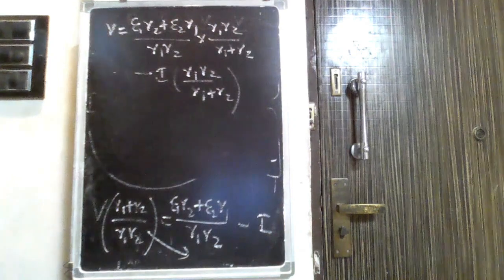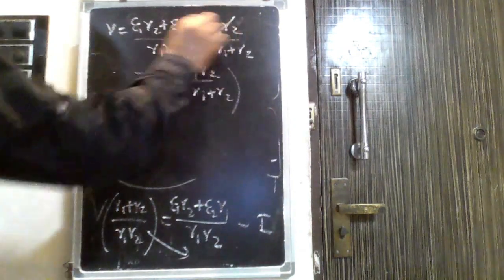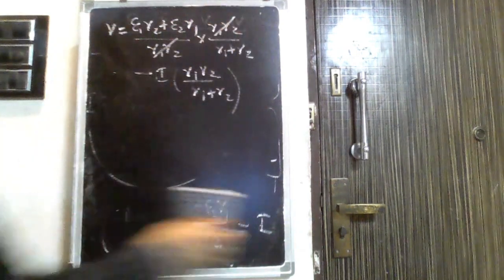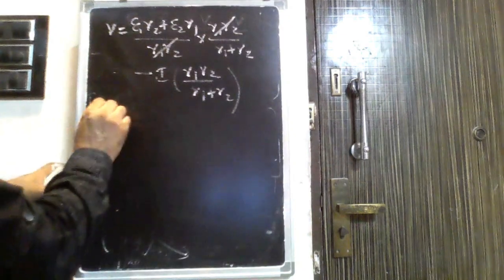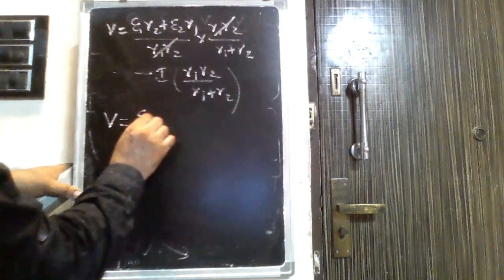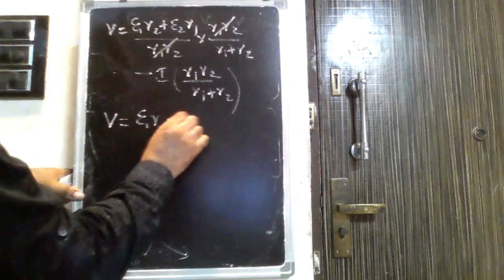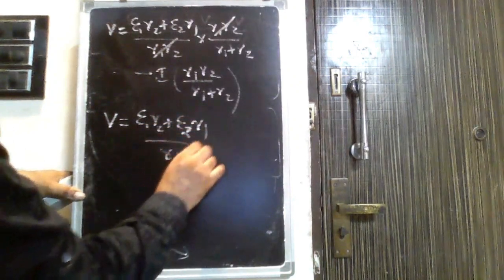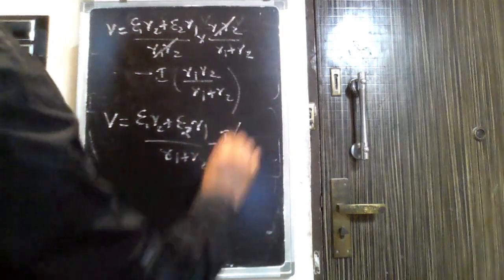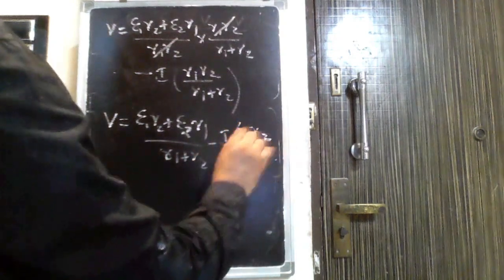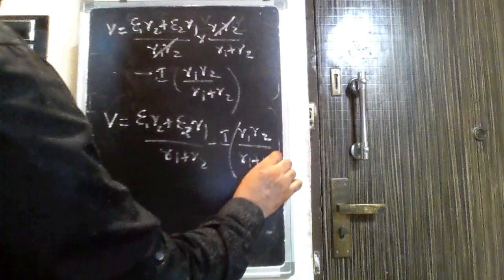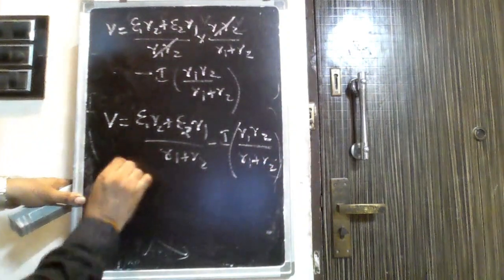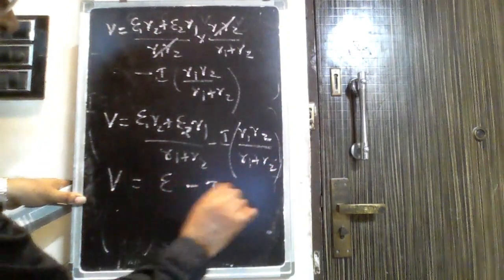If you open the bracket you get this. Now R1 R2 gets cancelled. So what I get now is V equals (E1 R2 plus E2 R1) upon (R1 plus R2) minus I into R1 R2 upon (R1 plus R2). That means we get V equals E minus Ir formula only.